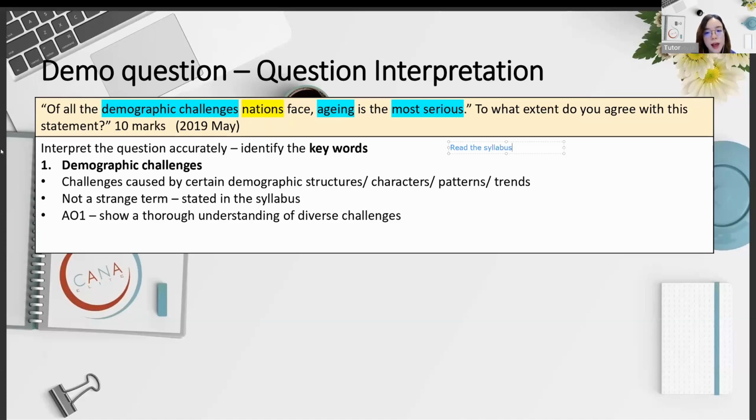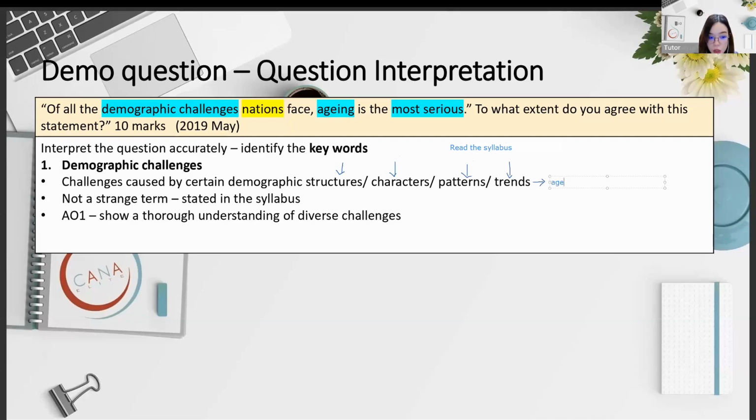And then the first key term, demographic challenges, means challenges caused by certain demographic structure, characters, patterns, or trend. For demographic structure, character, pattern, or trend, always remember two things.